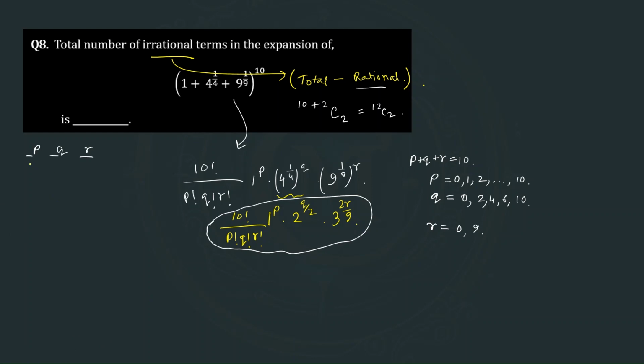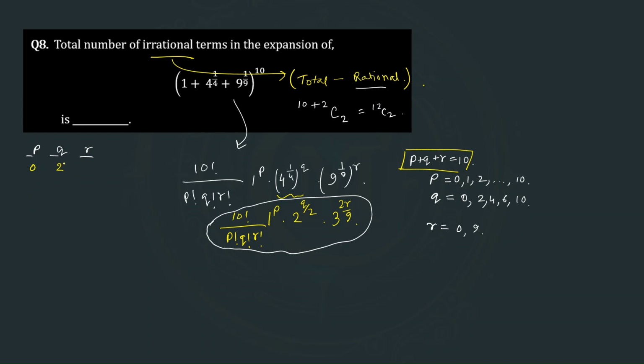Let us take P equal to 0. As P, Q, R, their sum has to be 10, this condition. So we can say that Q plus R should be 10. Now let us put Q equal to 0. Then R should be 10. But that case is not possible. So we reject this case. Now let us put Q equal to 2. This case corresponds to R equal to 8, which is also not possible.